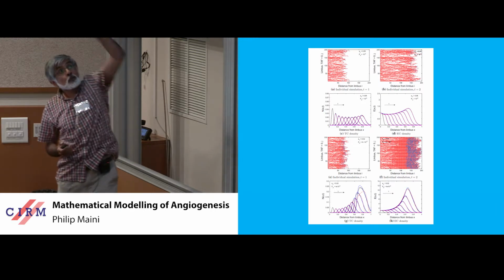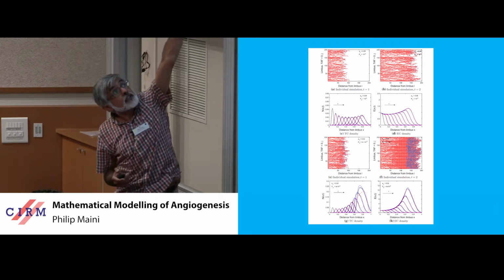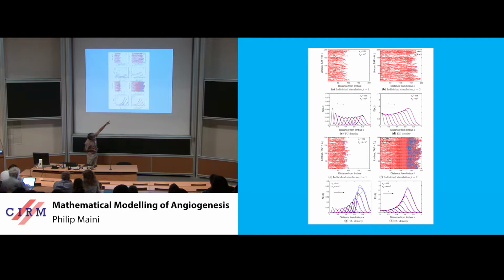Okay, now we go back to this picture, and in the second row, looks like there is just one line. Okay, there are actually three lines there. One of them's black, one of them's blue, and one of them's red. They sit right on top of each other. And the first one is the tip. The second one is the stalk.